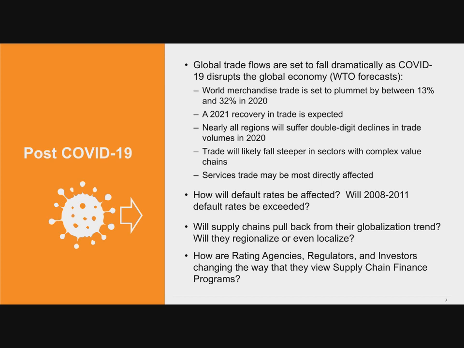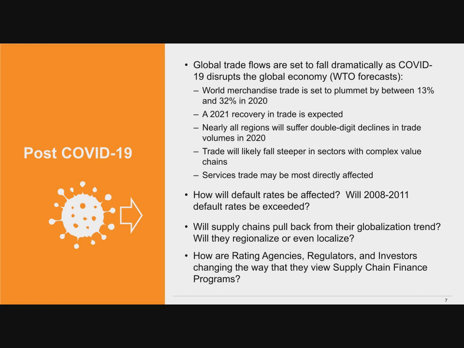So, looking at the post-COVID-19 position, the World Trade Organization has forecast that world merchandise trade is set to plummet by between 13% and 32% in 2020. They're predicting a recovery in 2021, but the reality is that nearly all regions are suffering double-digit declines in trade volumes as against 2019.